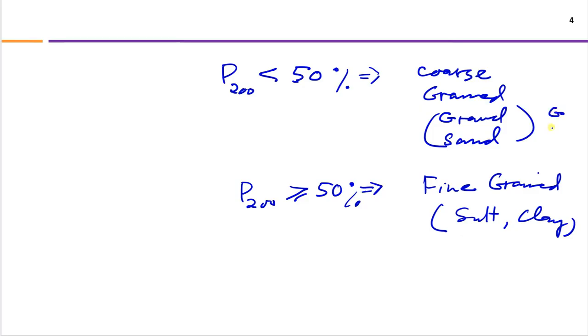For gravel we have G, and for sand we have S. So we are going to see these two starting letters, and in case of fine grained soil, it will be either silt or clay. So the first letters are going to be M or C.